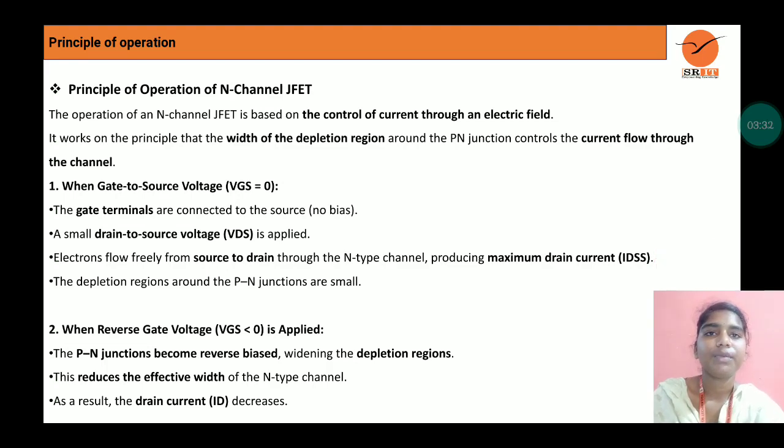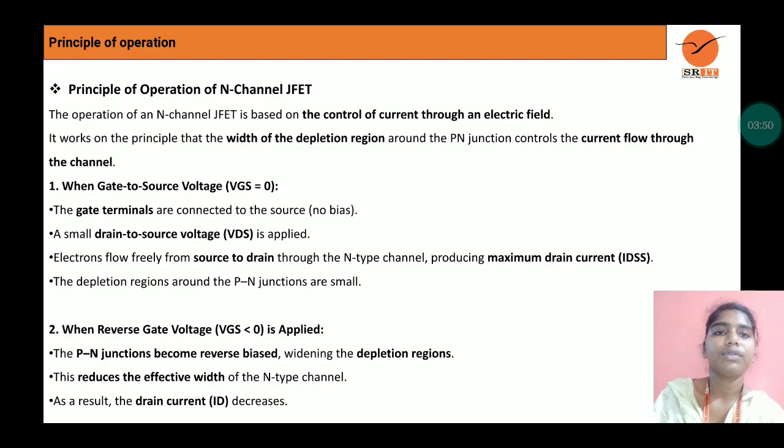Principle of operation of the N-channel JFET. The operation is based on the control of current through an electric field. It works on the principle that the width of the depletion layer around the PN junction controls the current flow through the channel.